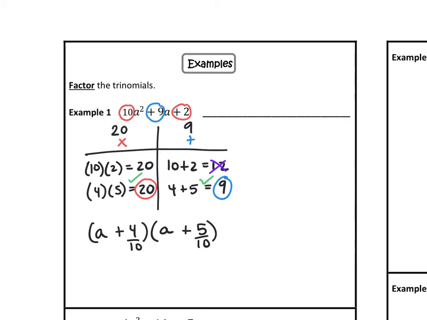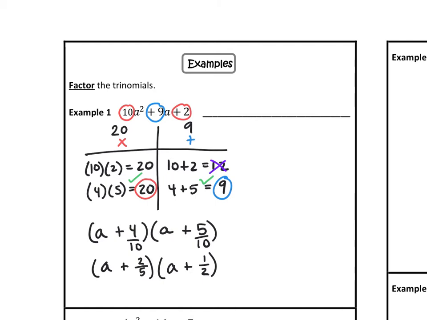Now, can I reduce these fractions? Yeah, 4 over 10, they're both divisible by 2, so that's 2 over 5. And then 5 over 10 is 1 over 2. This is why it's called bottoms up.